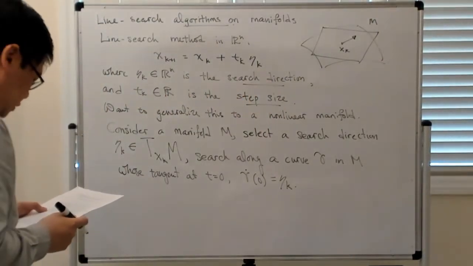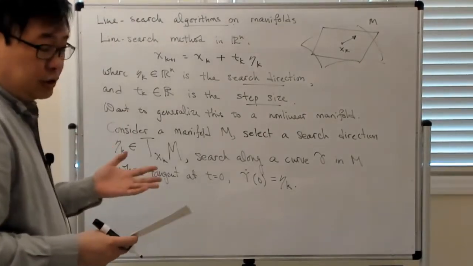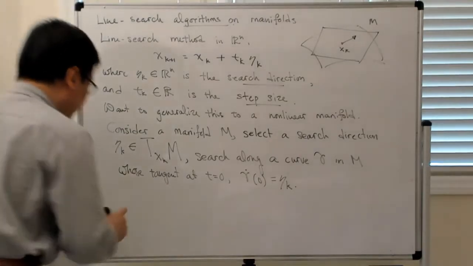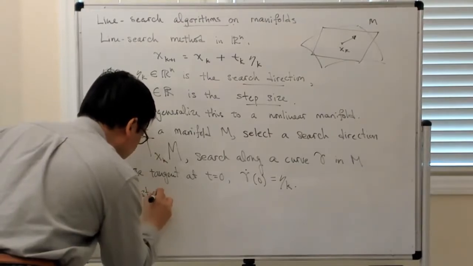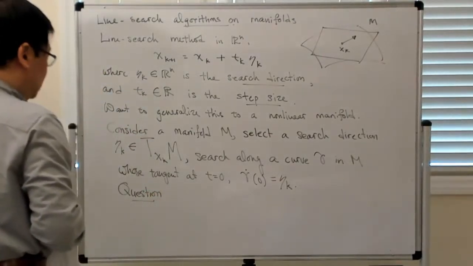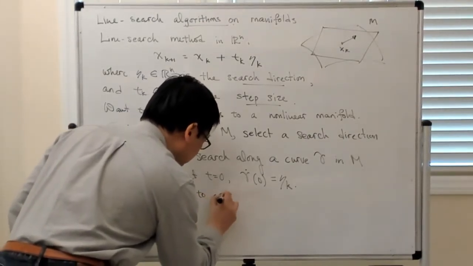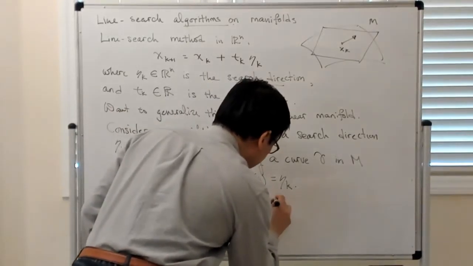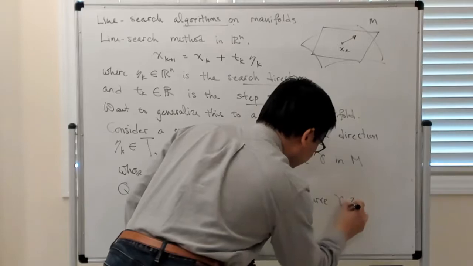And then the question is, how do you construct such a curve gamma?